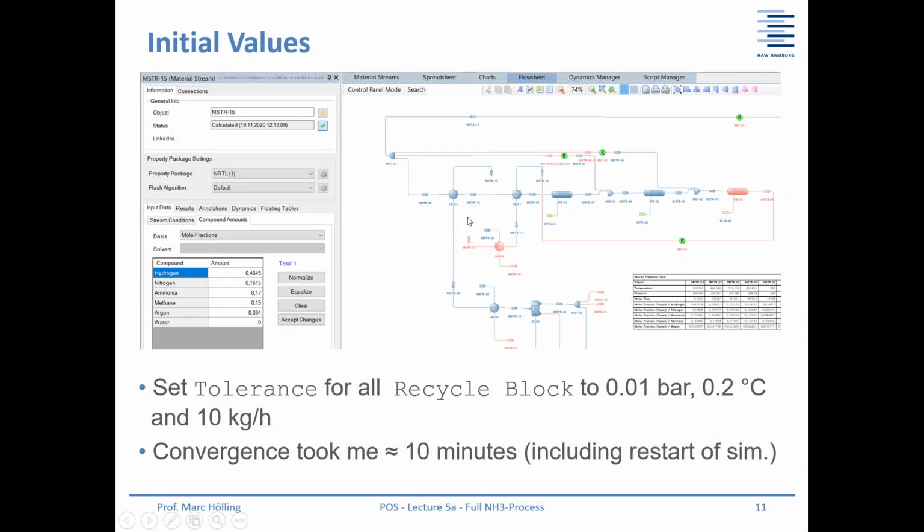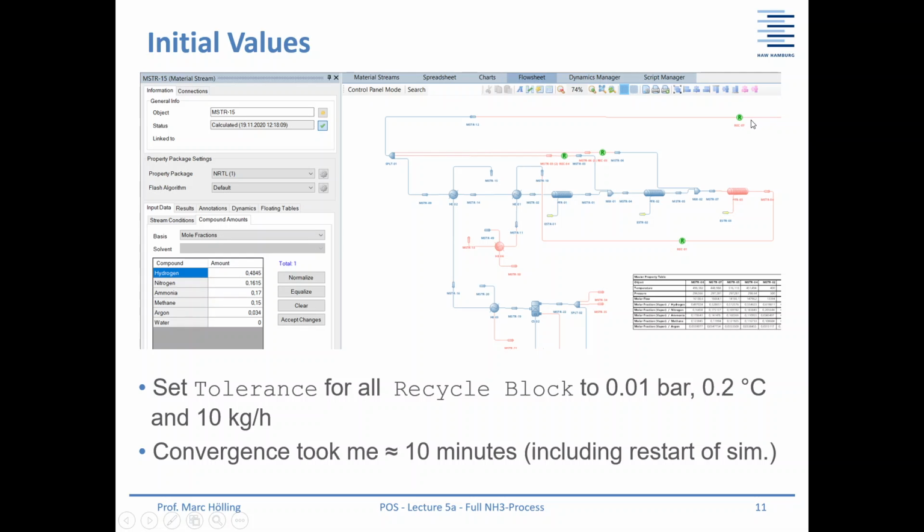So normally if you have the loop fully closed, then you would have a recycle block in this position, and then it's sent to the cooling water, then you have the compound separator, then you have the purge, and so on.